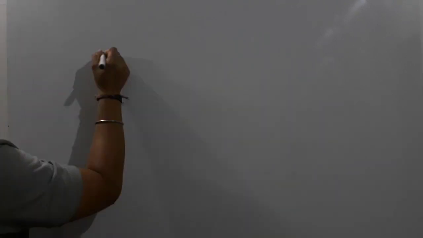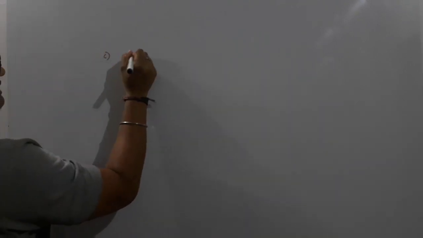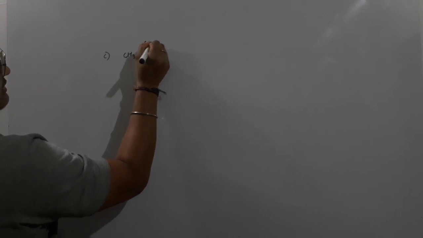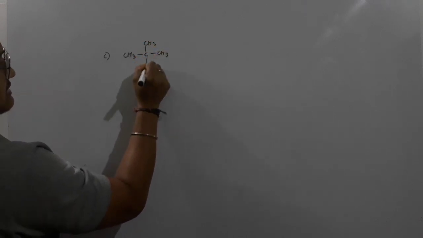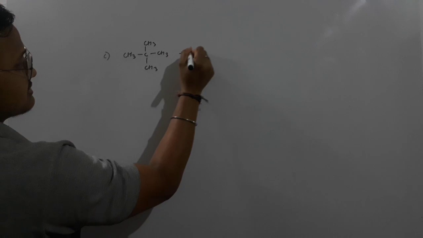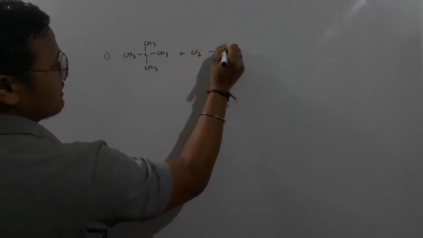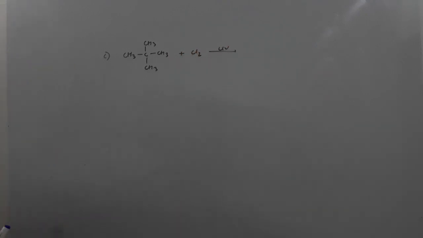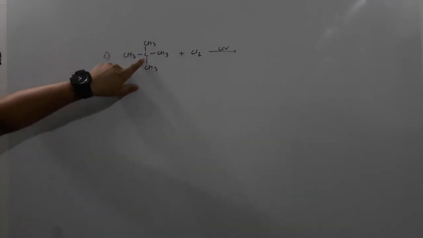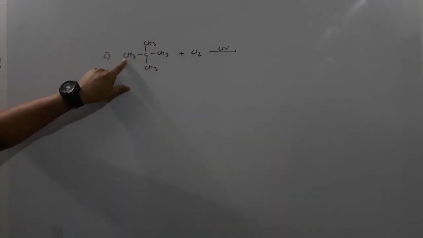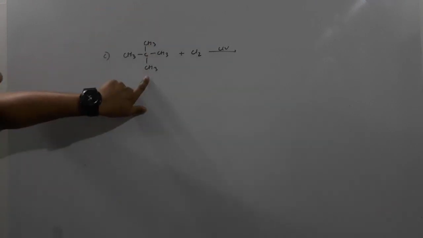Now consider I am having this, say CH3, CH3, CH3, CH3, reacting with UV light. Now consider all these methyl groups are attached to the same carbon atom. So if I substitute from here, it is also 1-chloro, 1-chloro, 1-chloro, 1-chloro, right?